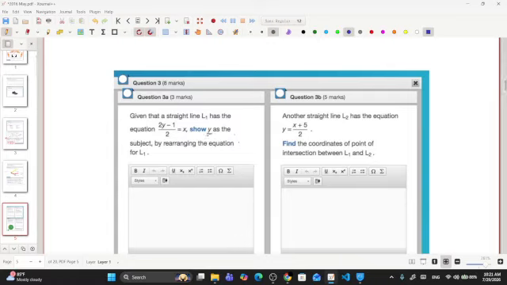So we're supposed to show y as the subject of the equation. Let's do it. 2y minus 1 equals 2x. 2y equals 2x plus 1. y equals 2x plus 1 combined over 2.